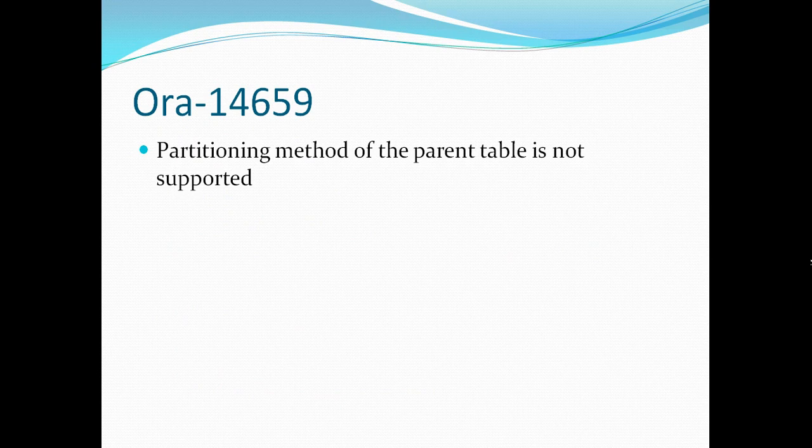This has actually been resolved in Oracle 12c, but if you are on 11g and you have partitioned your parent table using the interval partitioning strategy and you try to partition your child table using reference partitioning, you will get this particular error ORA-14659 that the partitioning method of the parent table is not supported.